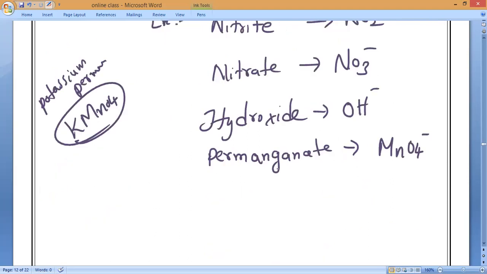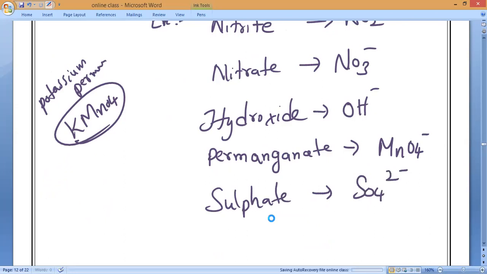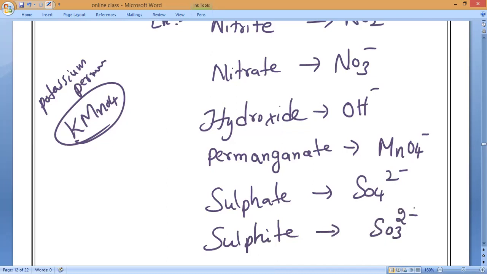Understand, everyone? Yes. Sulfate, SO4 2 minus. Now sulfite, SO3 2 minus.